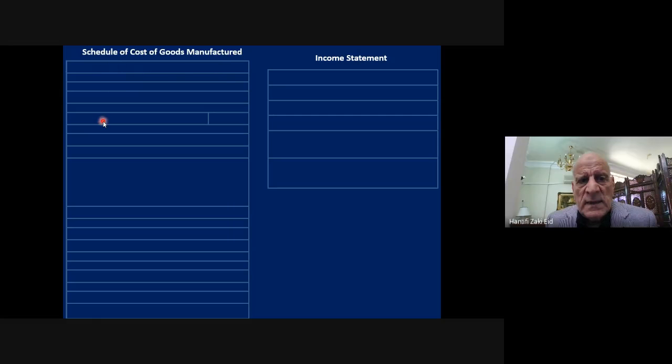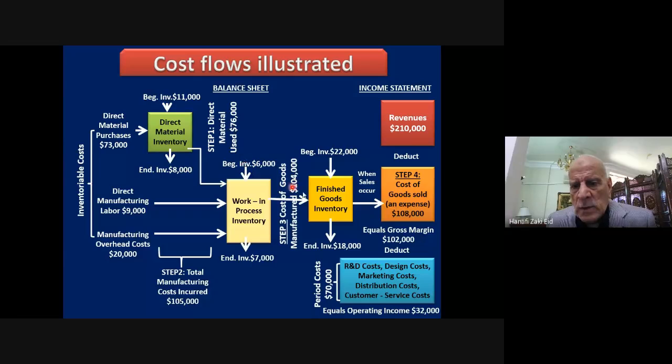This schedule is concerned with computing cost of goods manufactured. In this schedule, we will be presenting all these steps until we reach determining cost of goods sold.